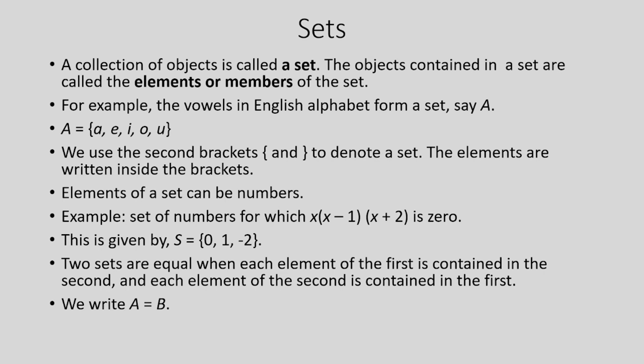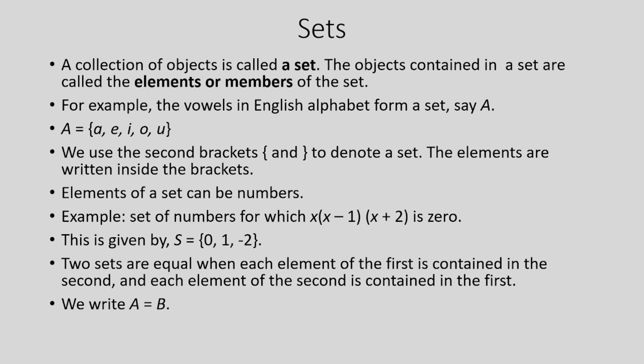For example, the vowels in the English alphabet could form a set, and we generally use a capital letter of the English alphabet to denote a set. This is just a convention. We could be using something else to denote a set also. So for example, here A is the set of vowels in the English alphabet.